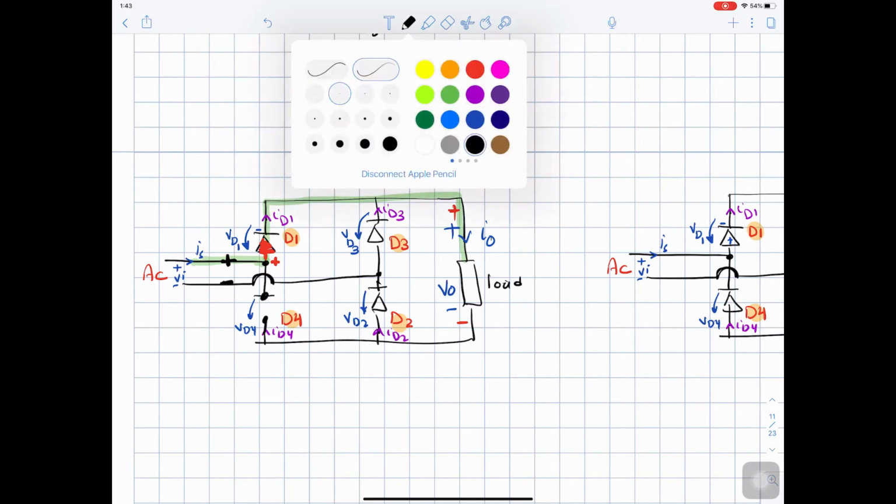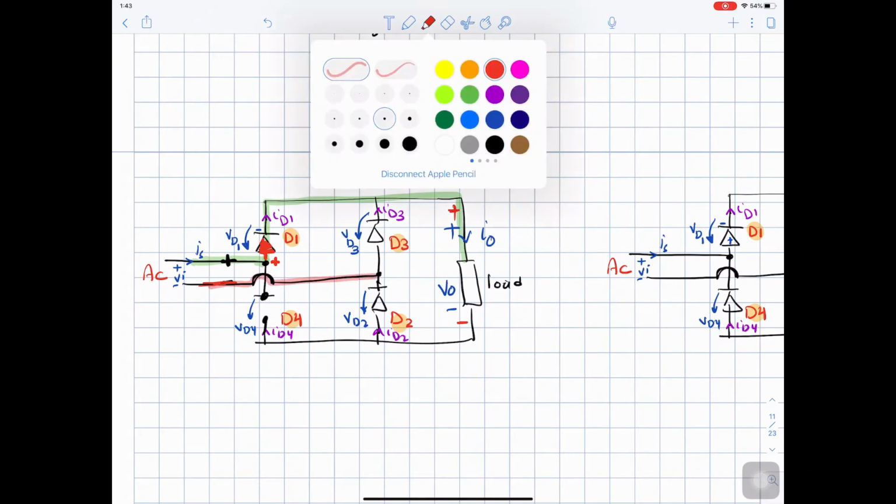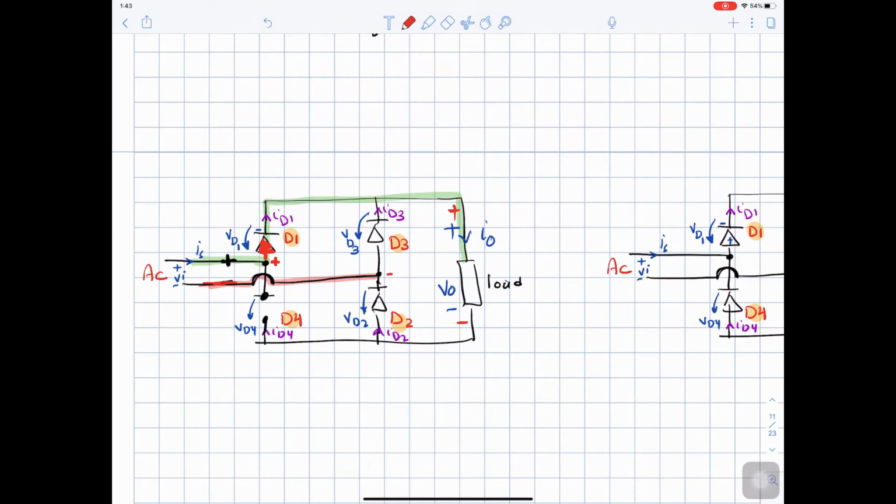And for the negative one here, if we have negative at this terminal, this negative is connected to a negative, which will make this one conducting, and this one will be disconnected. So it will go down to the output.